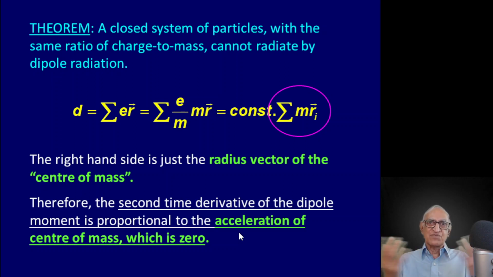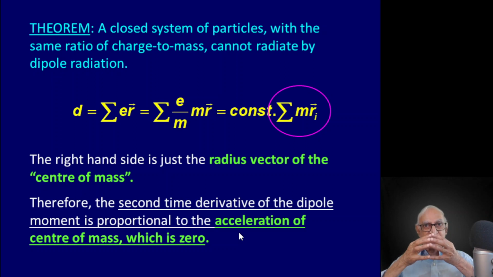Our system of charges is not moving. The individual charges are moving. The system as a whole is not accelerating. Therefore, the second time derivative of the dipole moment is 0. Okay? The first time derivative may exist, but it is the second time derivative we need, and that is acceleration.